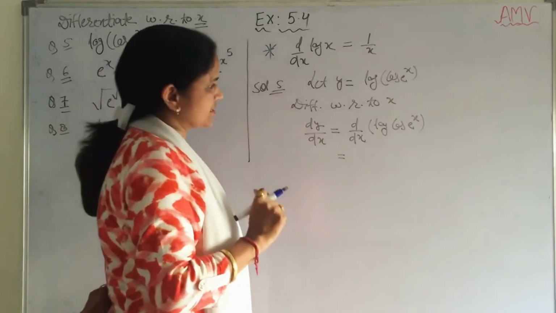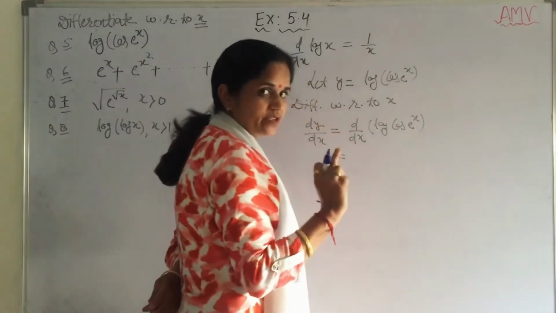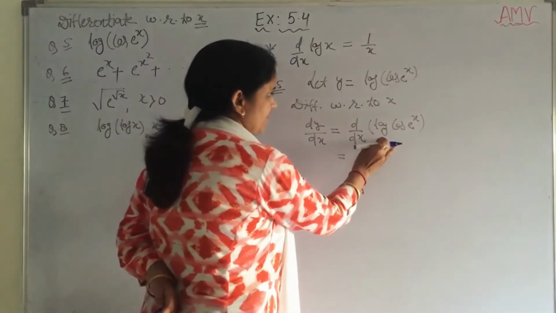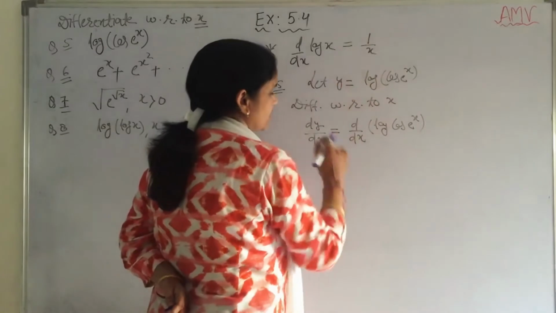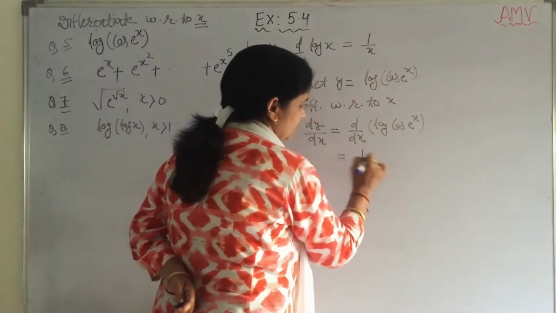Now first the derivative of log x, here in place of x it is cos e raised to x. So the derivative of log x is 1 by x. So here it is 1 by cos e raised to x.